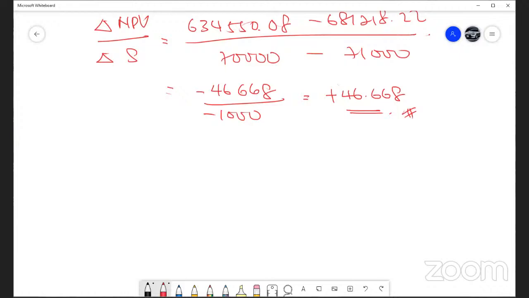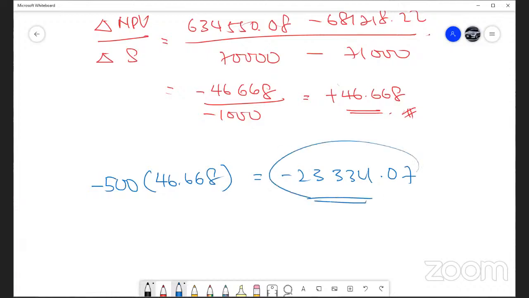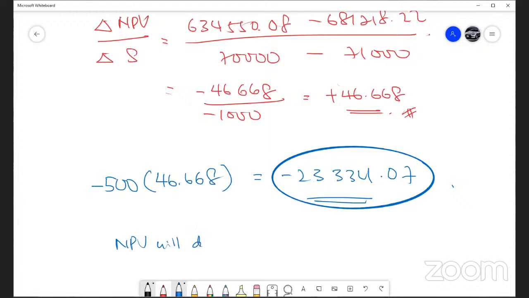So if let's say a drop in 500 units, so it's negative 500 units, multiplied by 46.668, this will give you negative 23,334.07. So this is not your final NPV. This shows that your NPV will drop by 23,334.07. This is the amount that your NPV will be affected if it's dropped by 500 unit sales.